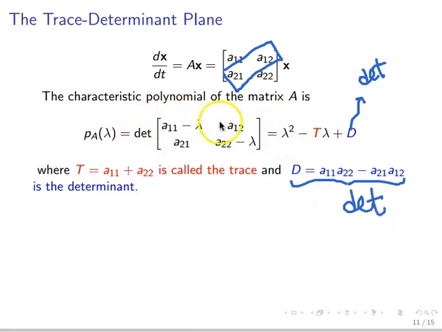Very importantly, we have managed to write the characteristic polynomial, the polynomial we use to find eigenvalues, right? So the roots of this characteristic polynomial are the so-called eigenvalues.